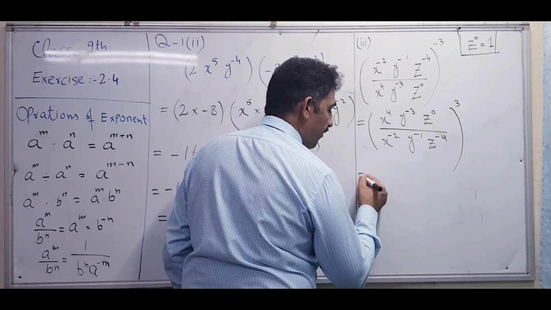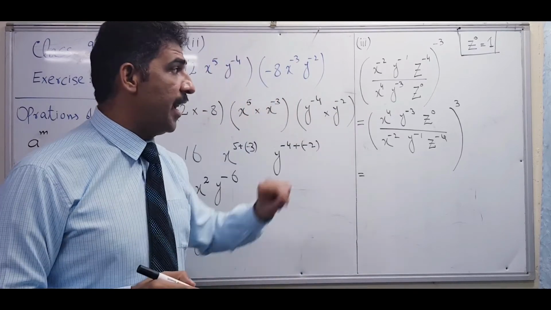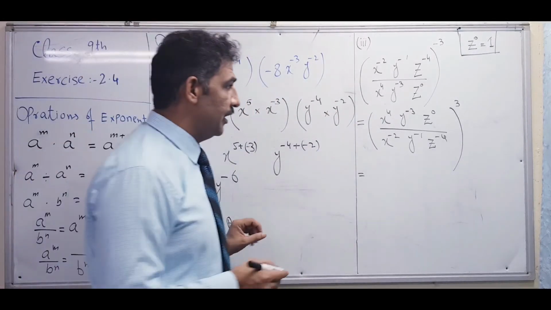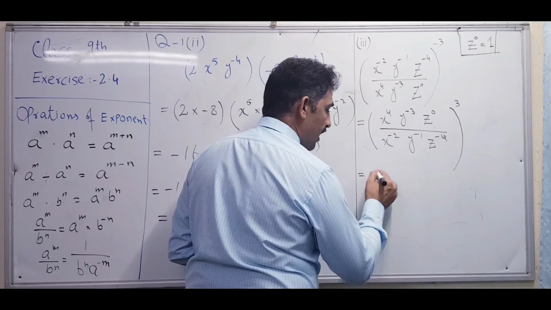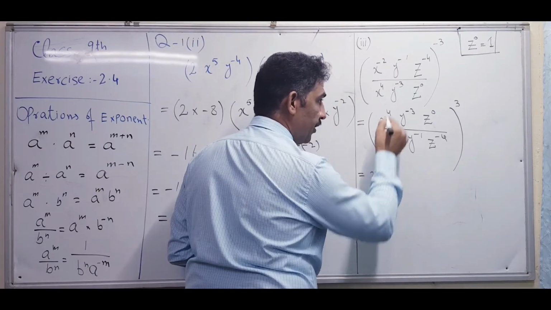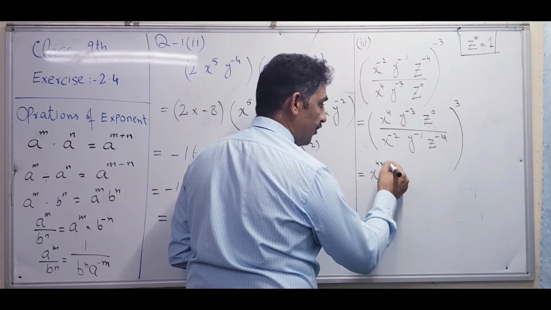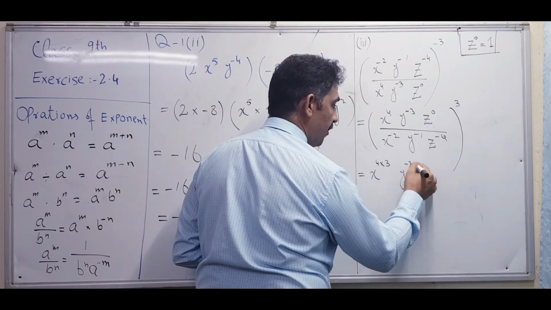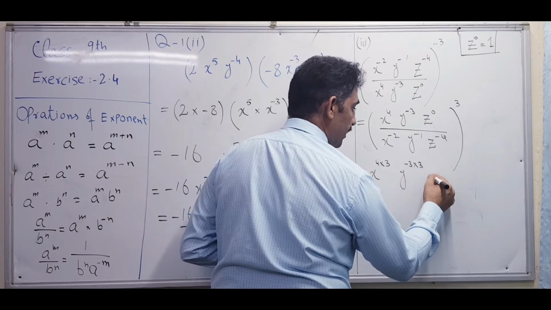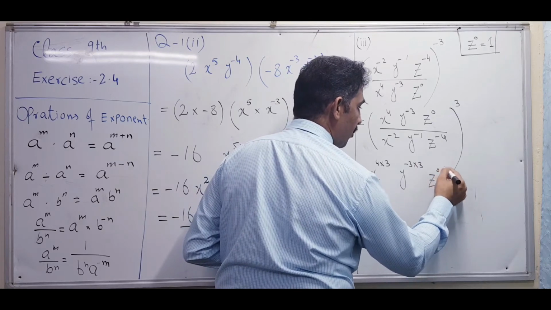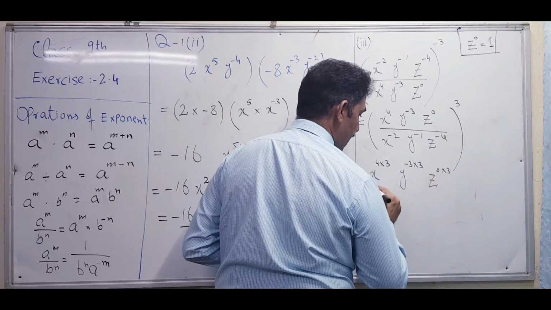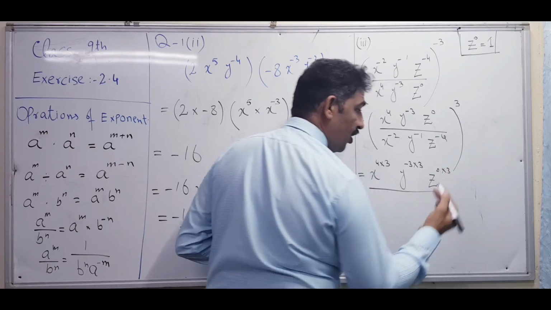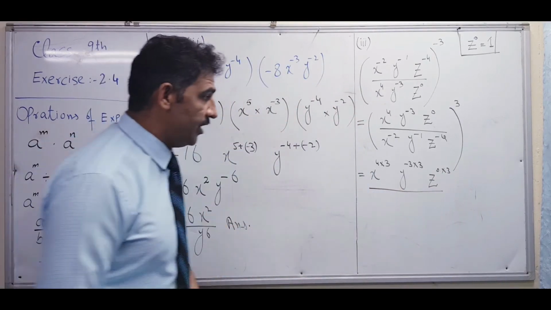So when I want to expand or remove this exponent, what is the first step? X raised to power 4 multiplied by 3, y raised to power minus 3 multiplied by 3, z raised to 0 multiplied by 3, and the same procedure you will apply in the denominator, right?